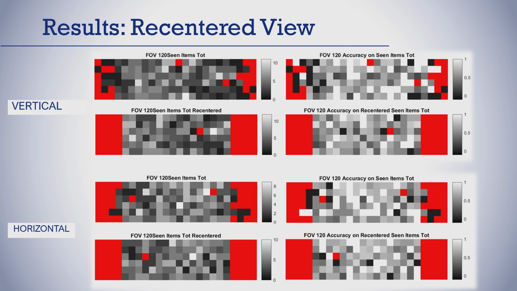What's the meaning of these colors? This red is where no items were seen. This is, again, the number of items per each bin seen by the user. And this is the accuracy referred to this number of items.